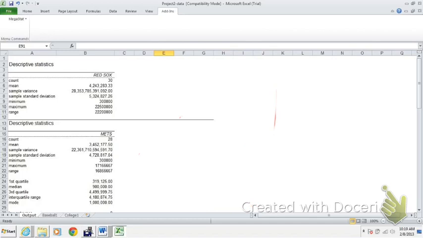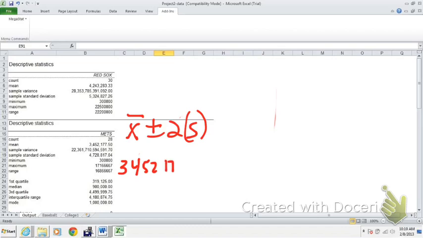So for both teams. For the Mets, if I'm calculating that interval, x bar plus or minus 2 standard deviations, you can see the Mets mean was 3 million some, 3,452,178, and then plus or minus 2 times the standard deviation, and again I'm just retrieving this standard deviation right here, 4,728,817.